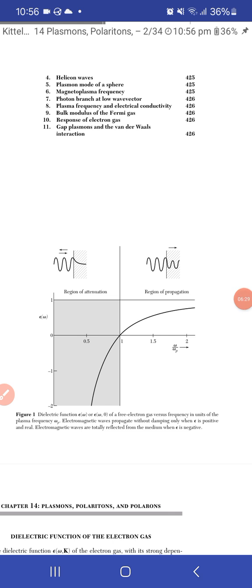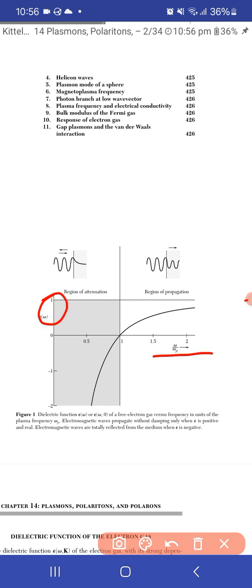Take a nice look: this is omega here and omega by omega p here. The caption reads: dielectric function of a free electron gas versus frequency in units of plasma frequency.